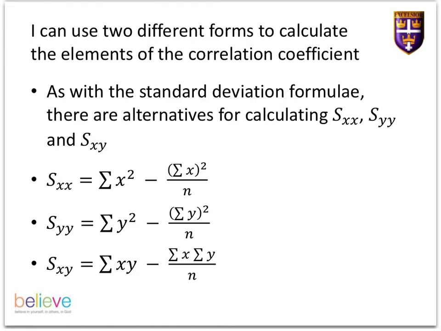Now our next ambition for this tutorial was to help you see that there's a couple of different forms that you can use to calculate this correlation coefficient. It's a bit like the standard deviation formula. If you go back earlier in the statistics module, you'll remember that there were a couple of ways of doing it. One way was to go from raw data, calculate differences, square them, take an average and then do a square root.